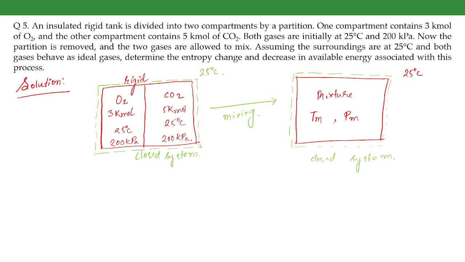Okay, so since internal energy remains the same, the temperature will remain the same, and since no other expansion process has happened, because of the volume being constant, it being a rigid container, the pressure will also remain the same. That is, the pressure of the mixture will be equal to the pressure of the individual components, and the temperature of the mixture will be equal to the temperature of the individual components.